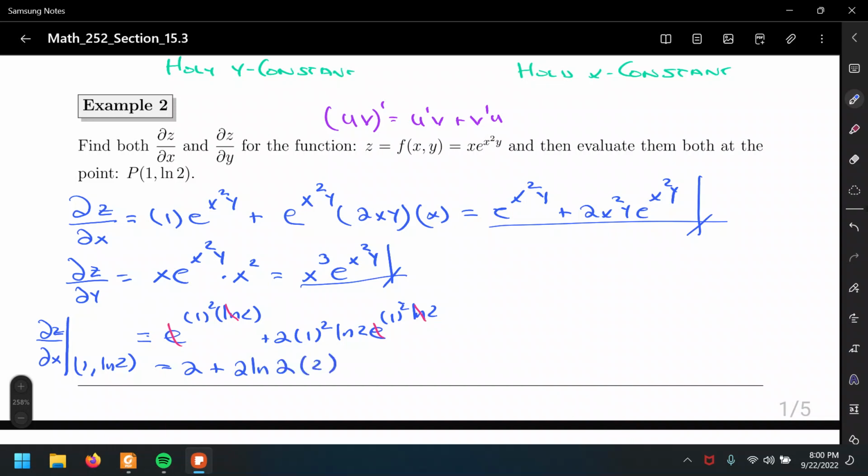But be careful when multiplying this number. These two will be multiplying the 2 in front of the ln, not the 2 inside of the logarithmic function. That's the argument of the function, it doesn't multiply with the outside. This will be 2 plus 4 ln of 2.